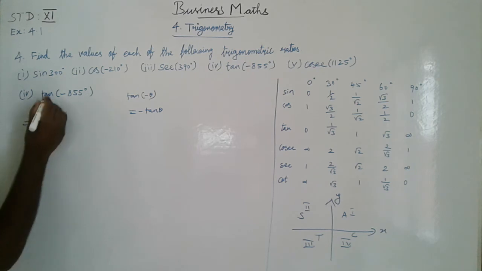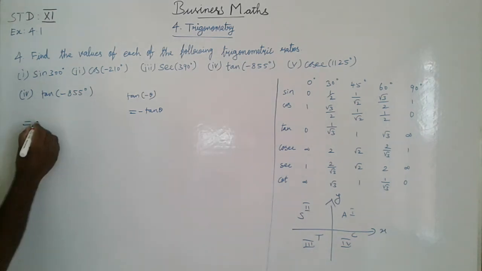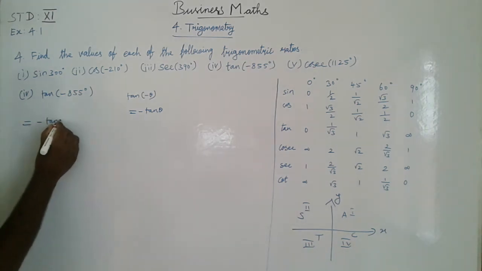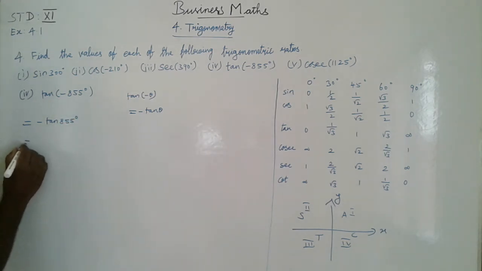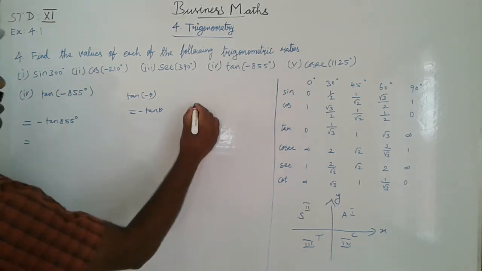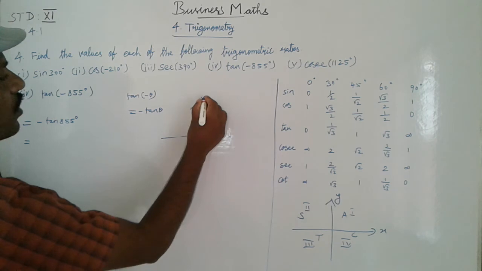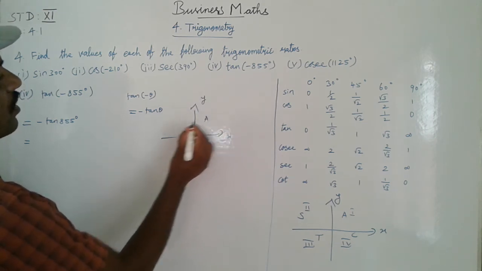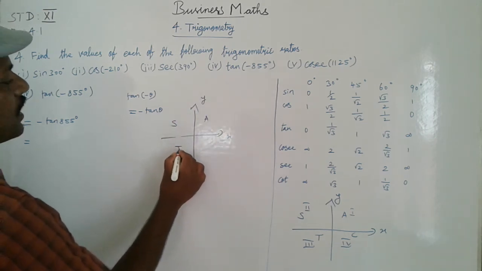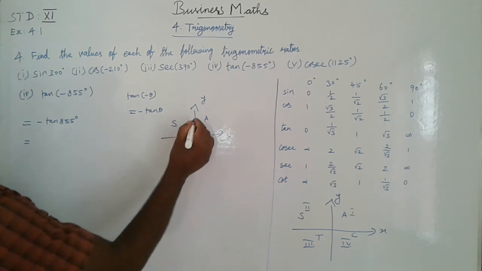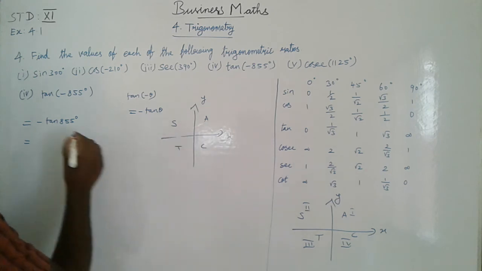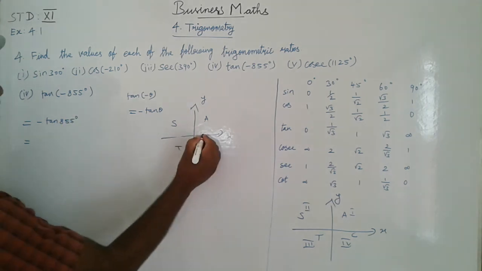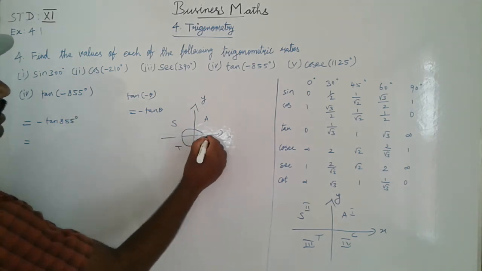So tan of minus 855 degrees is minus tan 855 degrees. Again we take the x-axis and y-axis, "all silver tea cup", so these are positive. 855 degrees means first 360, one round completed.